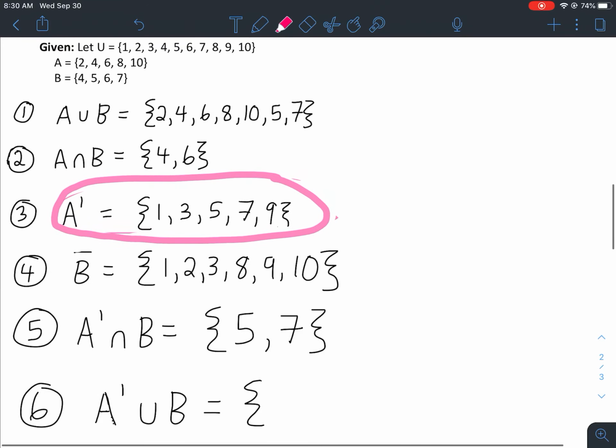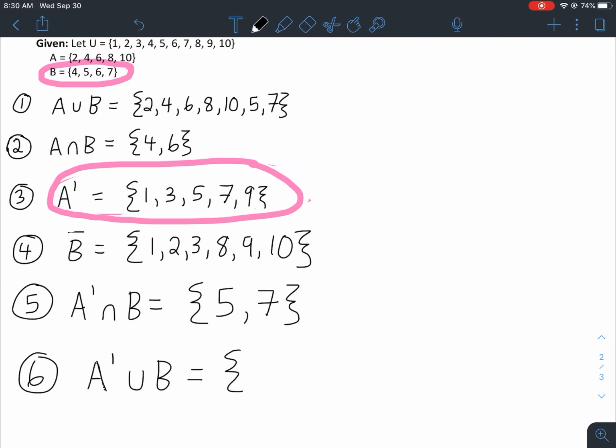And we're going to join it with B. So if we're joining it together, we're just writing down all their elements, not what they have in common, because this is union. So join them together. We have 1, 3. We don't have 2. We have 4. We have 5. Looks like we have a 6 in B. We have 7 in both, and we have a 9 in A complement. So there's all our elements.